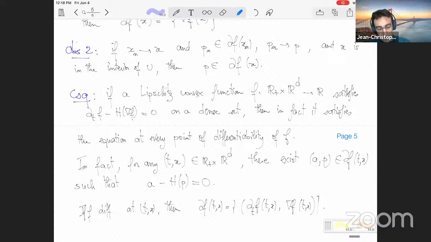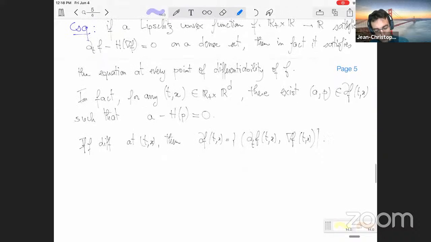So I'm going to use this fact in particular: the fact that at any point I can find a slope in the subdifferential such that this relation is valid. Okay, so let me go with the proof.